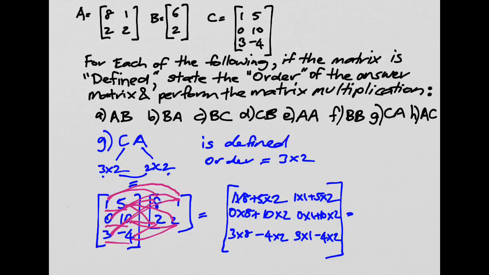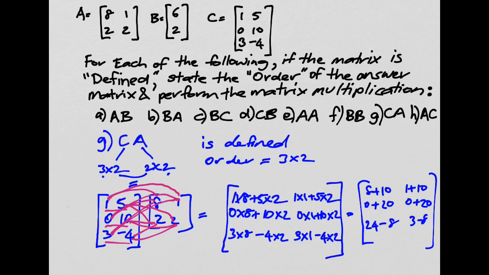So that equals 8 plus 10, 1 plus 10, 0 plus 20, 0 plus 20, 24 minus 8, and 3 minus 8.